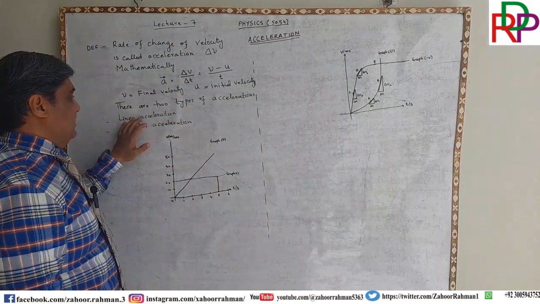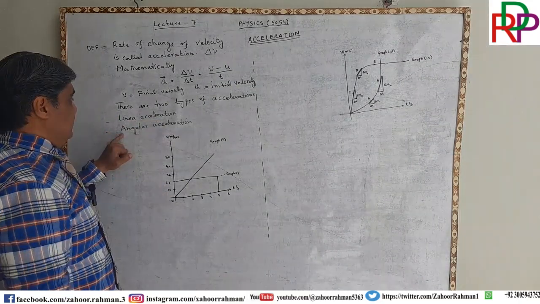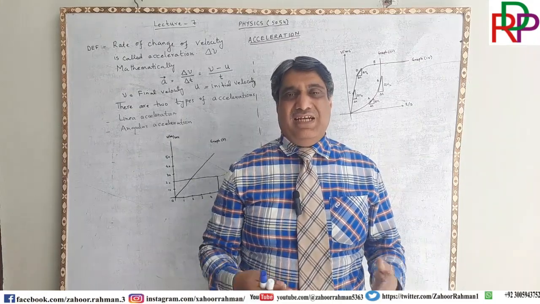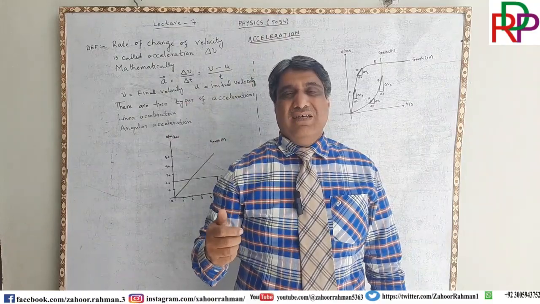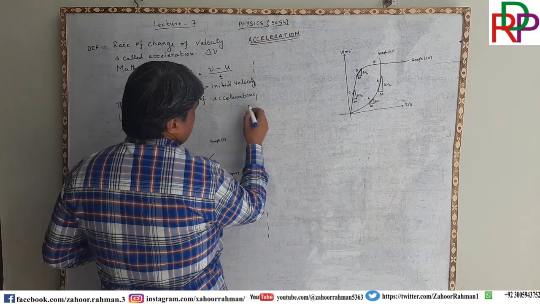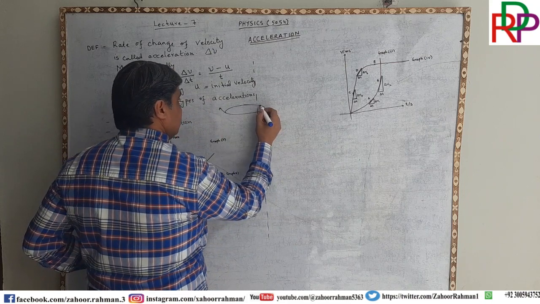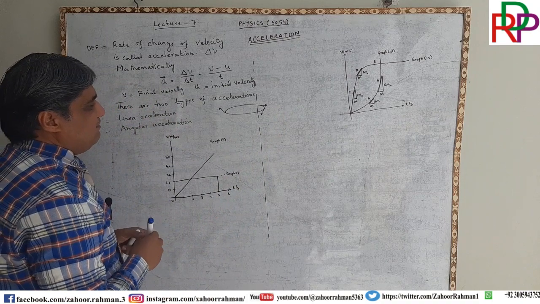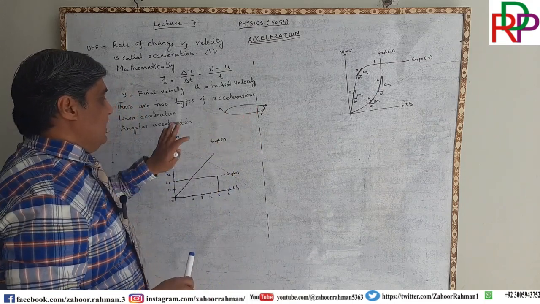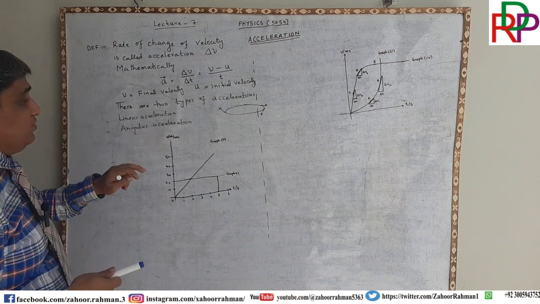If there is a change in the magnitude and not in the direction, then this is called linear acceleration. And if there is no change in the magnitude of an object and there is a change in direction, for example, you are whirling a stone attached to a string, at every position the direction will be changing even with constant speed, so that is called angular acceleration.